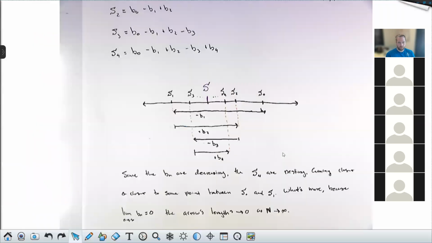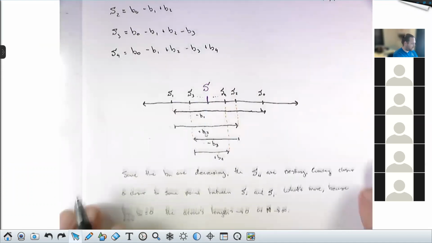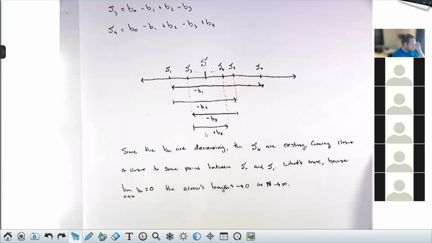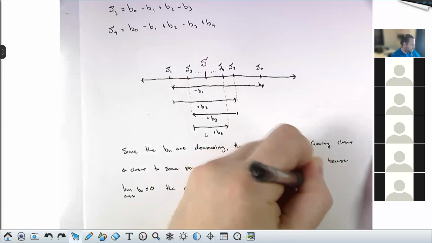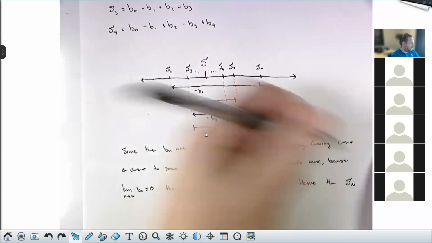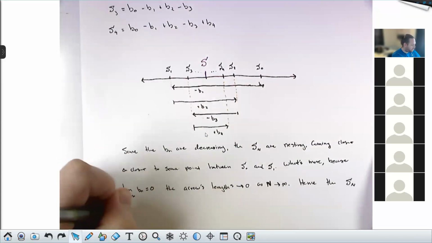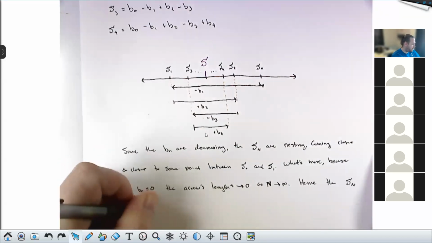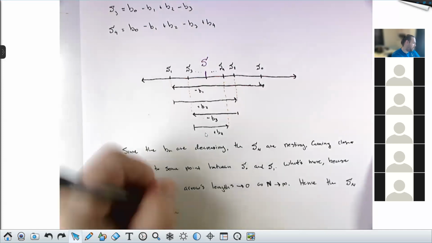So if you have these things nesting and eventually the distance from one to the next goes to 0, then this sequence of partial sums has to converge. What's more, because the BN go to 0, the arrows' lengths go to 0, hence the SN have to pile up on some particular value.